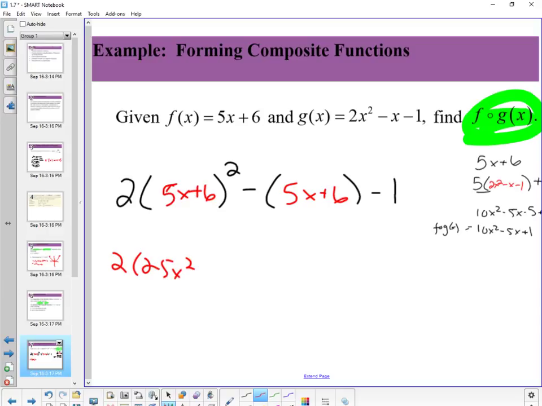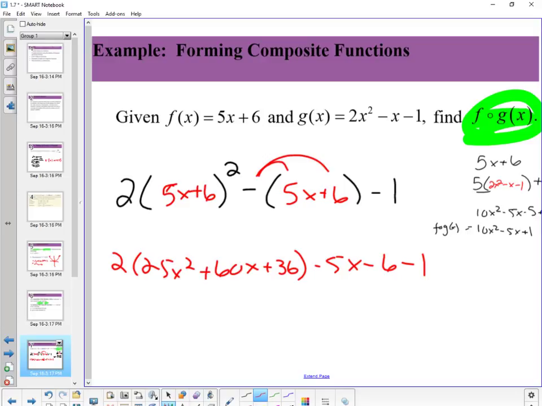5x plus 6 squared. I'm expanding 5x plus 6. Minus 5x minus 6 minus 1. I distributed the negative.